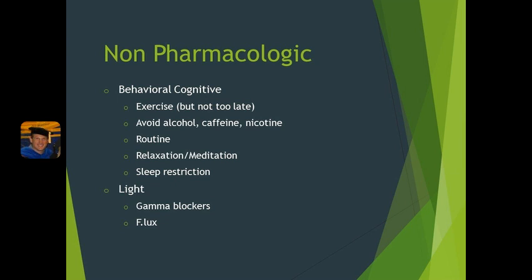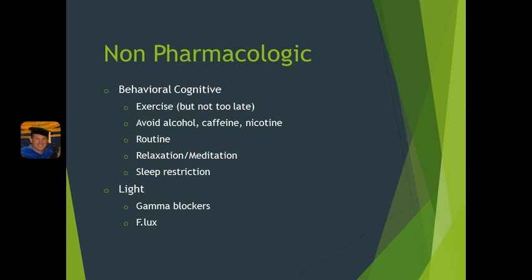But you can't do it too late in the evening because exercise causes a stress response, sympathetic response, and you want to have the patient make sure they have enough time to calm back down before they're trying to go to sleep. Otherwise, they can be overstimulated rather than tired. Avoiding alcohol, caffeine, and nicotine.